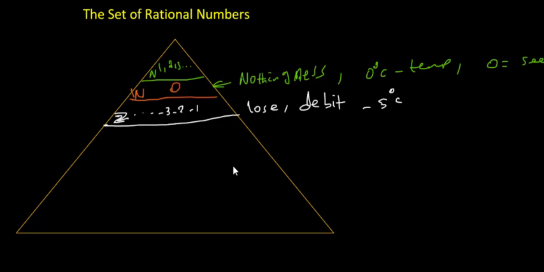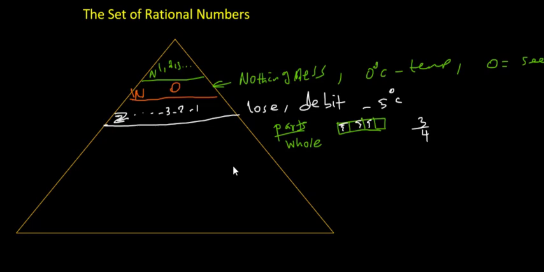We still have real life situations which require taking a part of a whole. For example, if you have a whole cake and you want to take one of three parts, or one of four parts, there is no such representation in integers. Integers lack this.